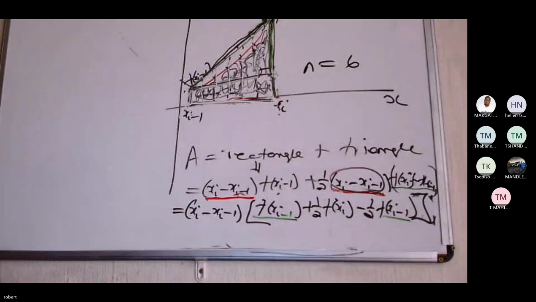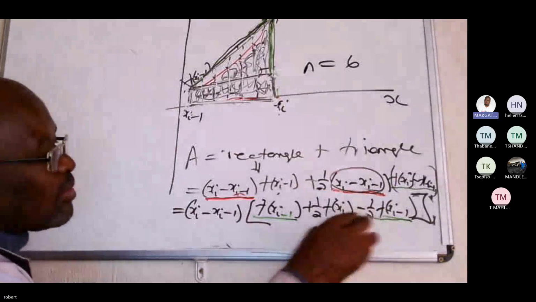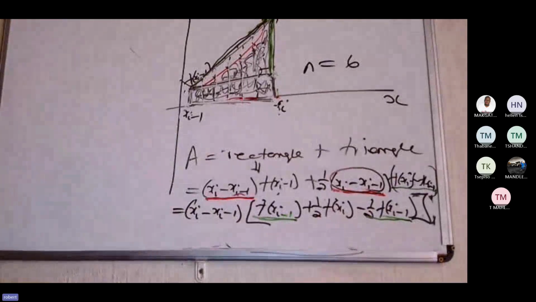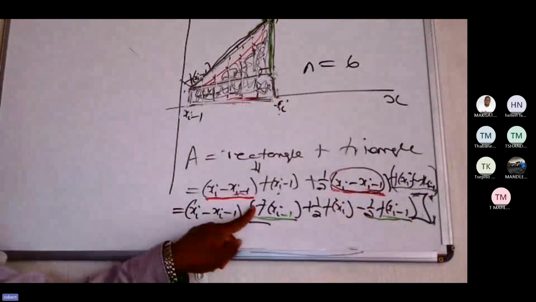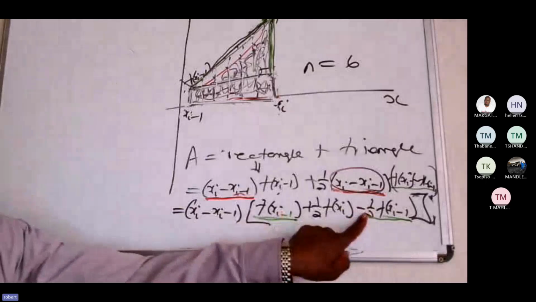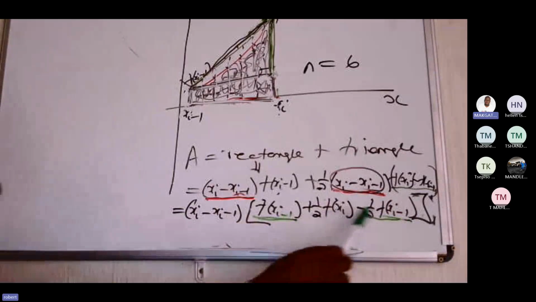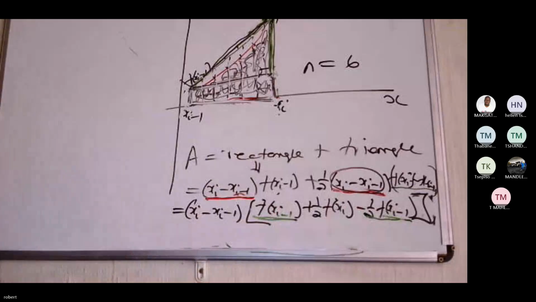Okay. From there, here we have these two, they are like terms because they are all f of x_i minus 1. This is 1 multiplied by, this is minus half multiplied by. So you can add this one and this one. Then they will give you half f of x_i minus 1.